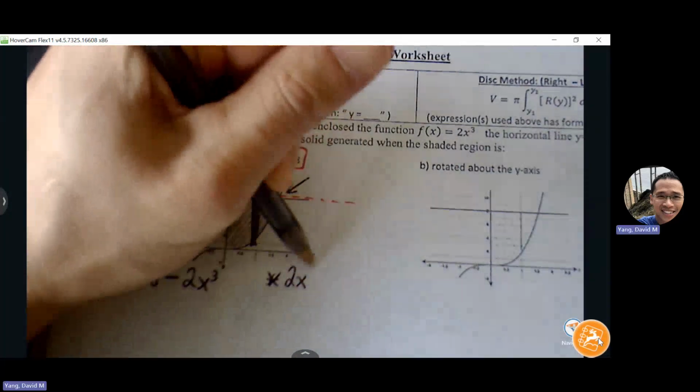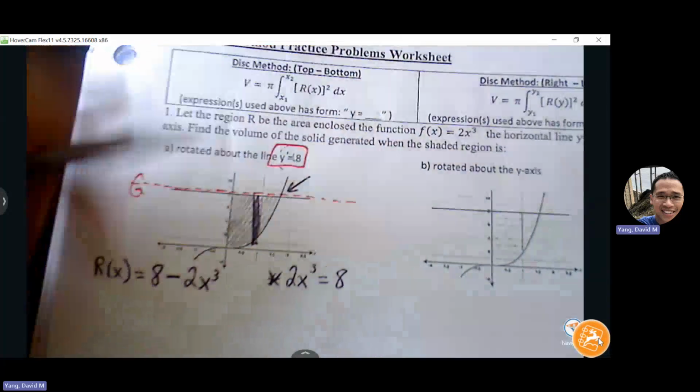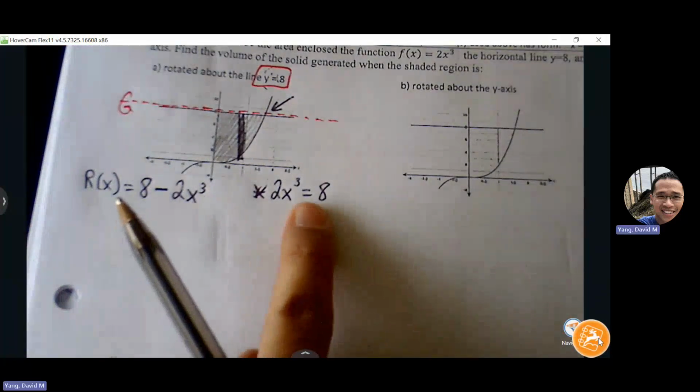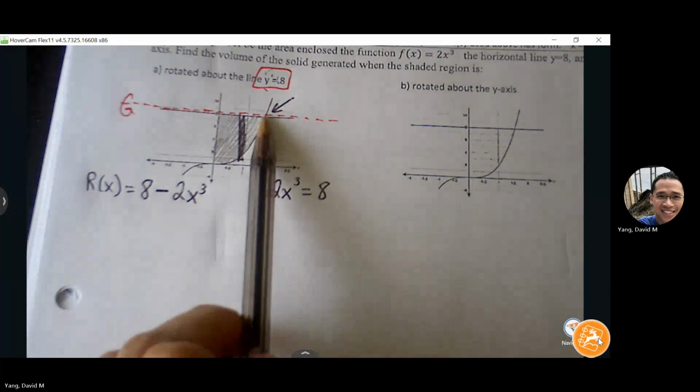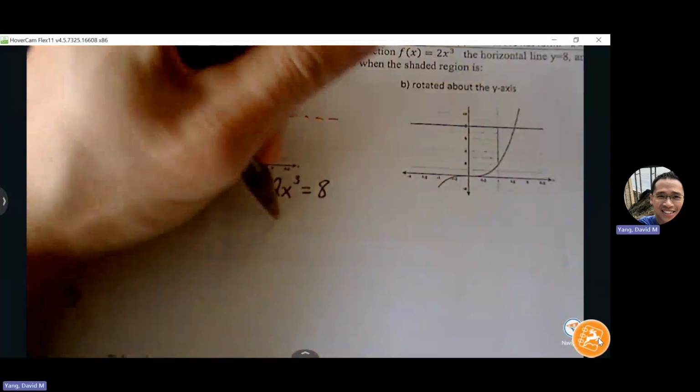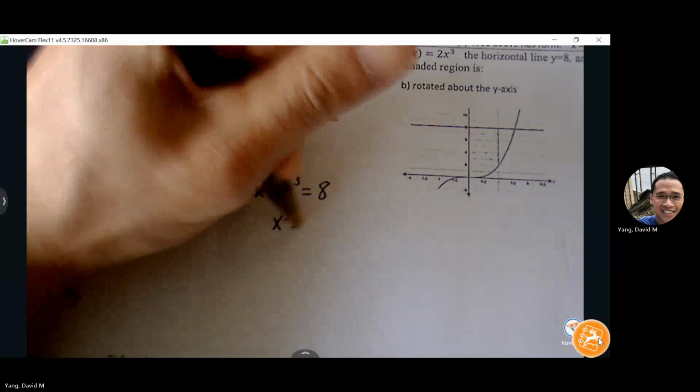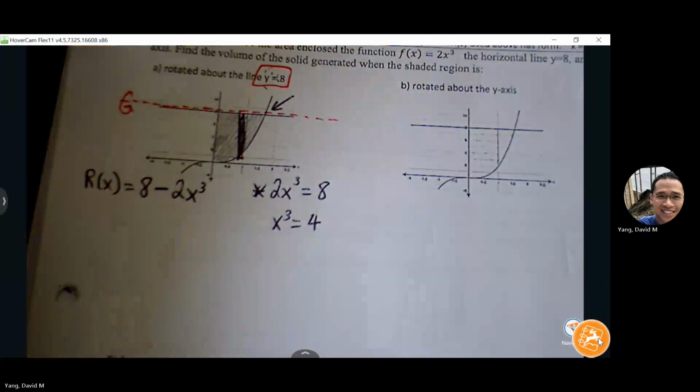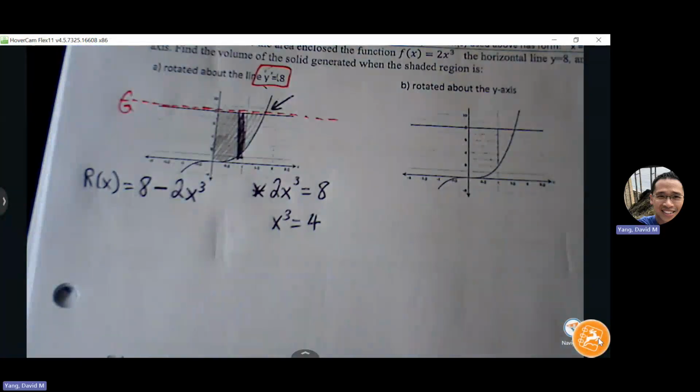So 2x cubed equals 8. How would you solve for x from here? Okay, divide by 2. So 8 divided by 2 is 4. And then we can take the cube root. So the cube root of 4 is just going to be some decimal value.